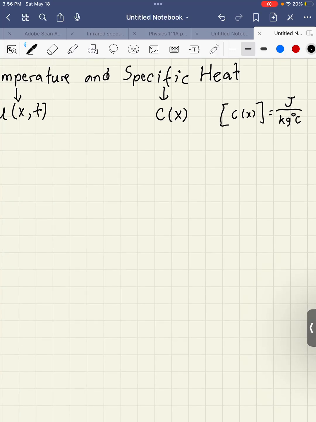Now, as I mentioned, the specific heat or the heat capacity doesn't depend on time, but it only depends on x. Why does it depend on x? Well, it depends on the structure of our rod, in this case, or the material. If our rod only consists of one material, then it only has one specific heat. But if our rod consists of an alloy, which is like a metal solution, then with changing position, it will change its specific heat.